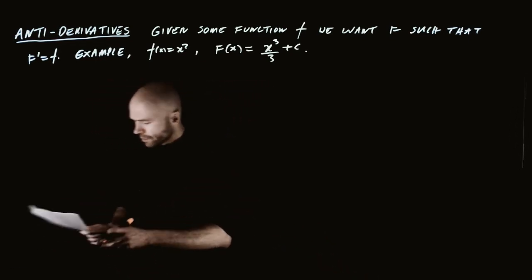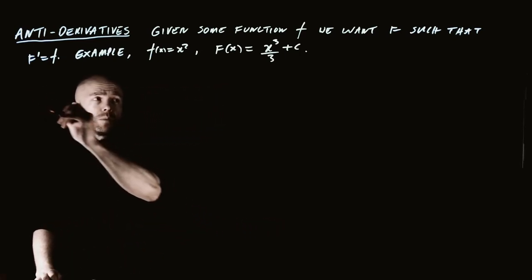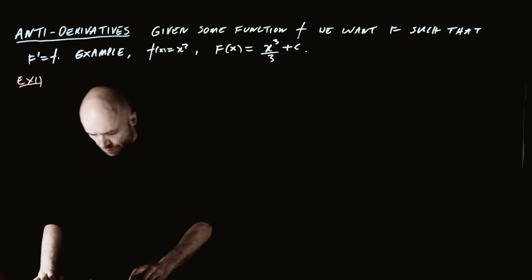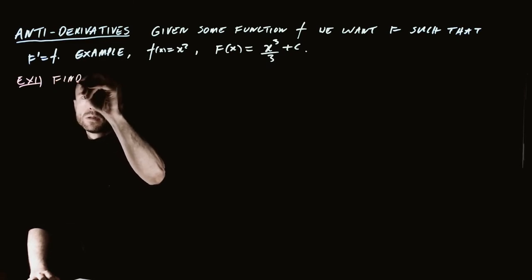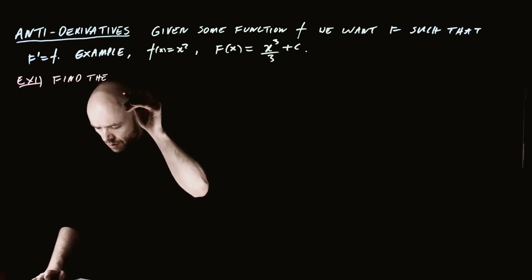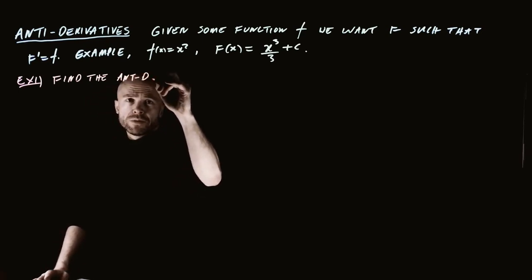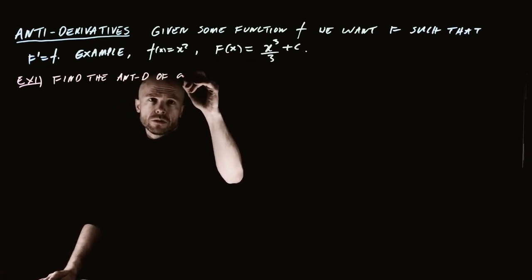So let's do examples. Example 1. Find the antiderivative, which I'm going to abbreviate to anti-d from now on, of the following functions.